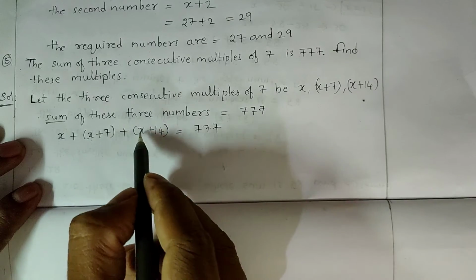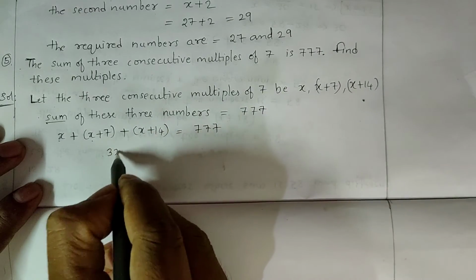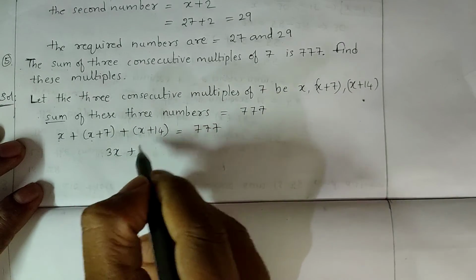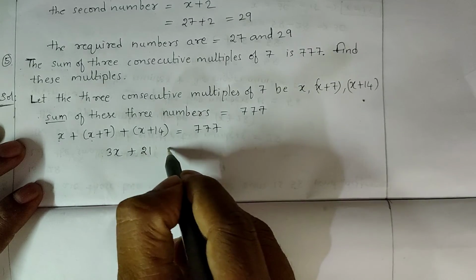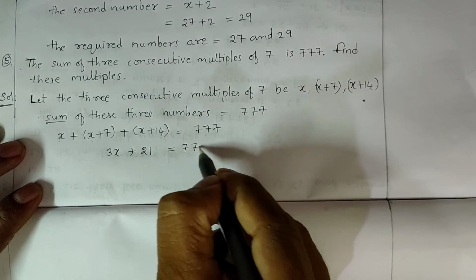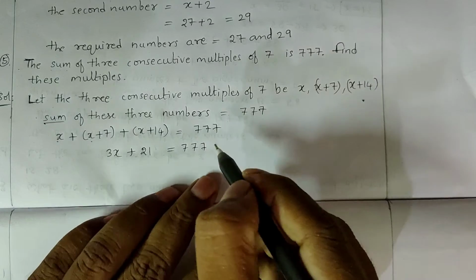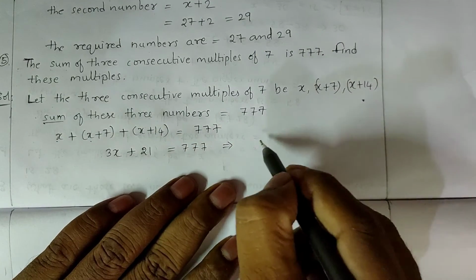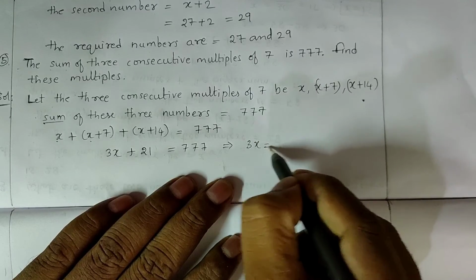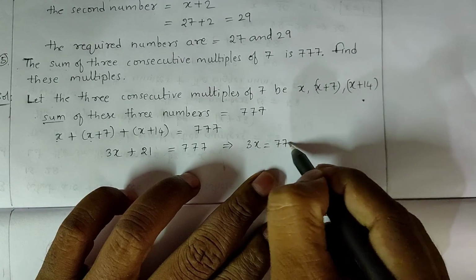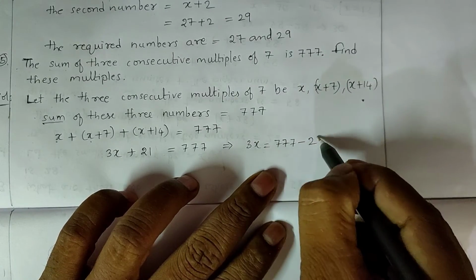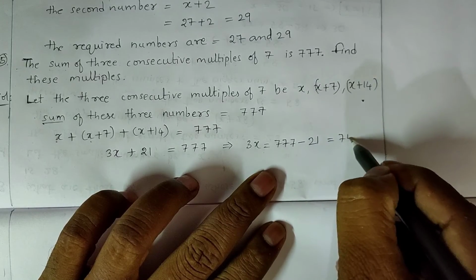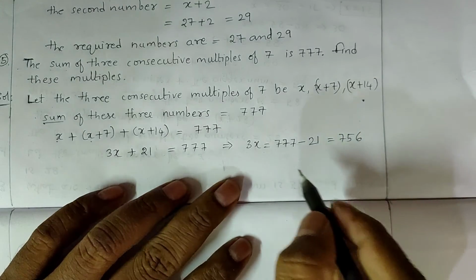So x plus x plus x will become 3x, plus 7 plus 14 will become 21, equals 777. That implies if you transpose 21 to the right hand side, 3x equals 777 minus 21, which is equal to 756.